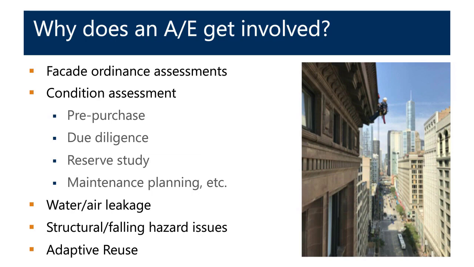And there are more immediate needs: water leakage, air leakage, having a structural or a falling hazard issue, and hopefully an AE gets called before something catastrophic occurs. Or again, adaptive reuse. You're buying a building and you want to change it into something else, so you want to do a holistic repair around the building.